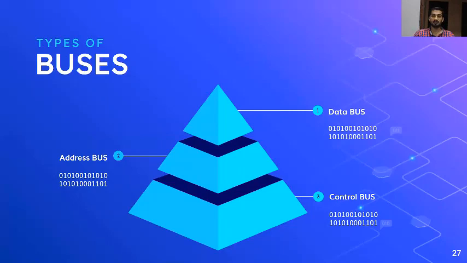Types of buses. Number 1, data bus, which transfers data between the components. Number 2 is the address bus, which holds the address. Number 3 is the control bus, which controls all the signals of the buses.